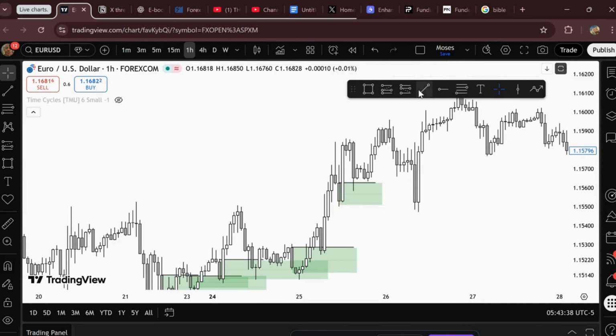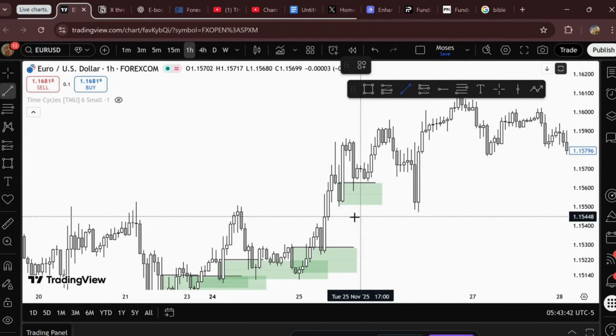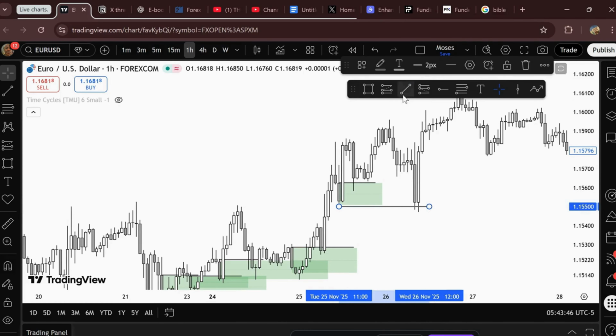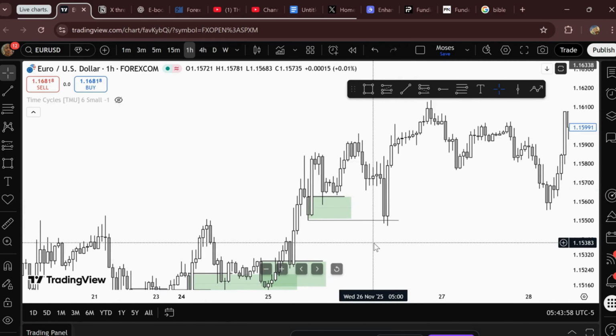Okay, then we saw price retrace, taking out this low, taking out all the orders resting inside of this order block, which is also called what? Liquidity. If we don't, liquidity will be out soon, so don't worry.